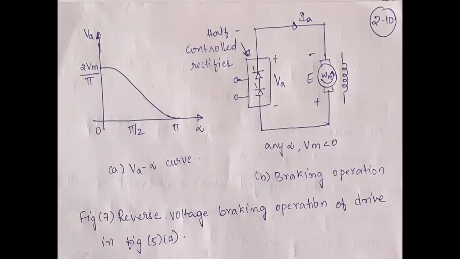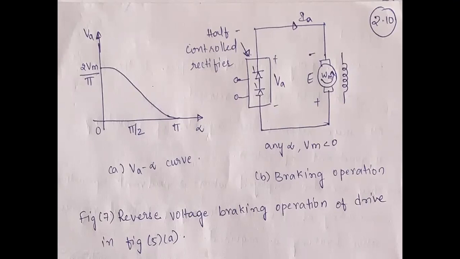If I do not want to use them in 4 quadrants, I can reduce to 2-quadrant operation, which is also possible. The 2-quadrant operation consists mainly of forward motoring and forward regenerative braking. If these two are required, we can opt for 2-quadrant operation.